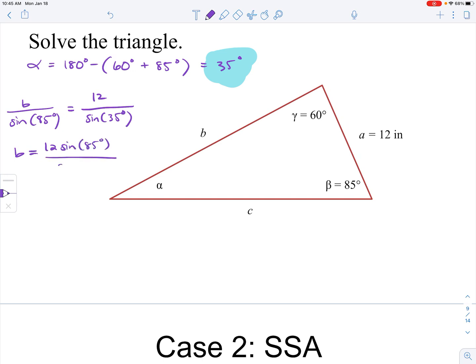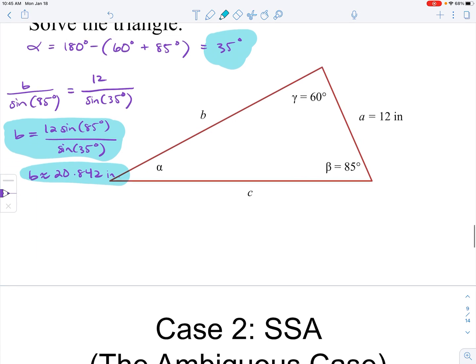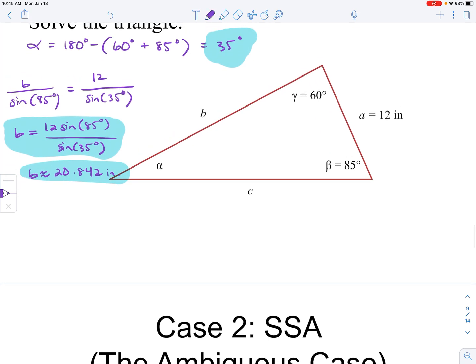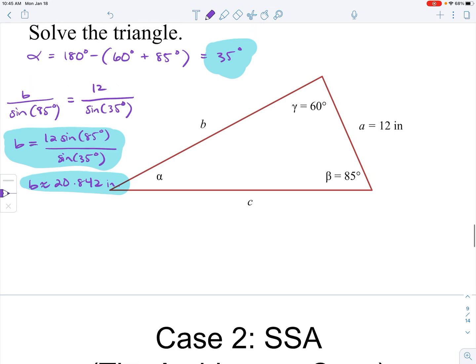So B equals 12 times sine of 85 degrees divided by sine of 35 degrees. That's the exact value. And when we type that into the calculator, the approximation we get is 20.842 inches. So our approximation and our exact value.